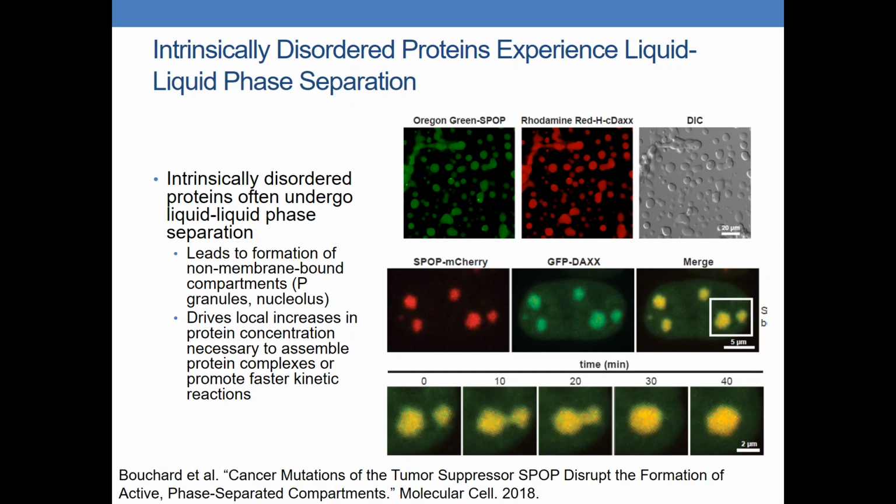The idea that you would see phase transitions in the cell, that was something that really took a lot of convincing to establish. It was something that many people did not believe because ultimately what you're talking about in this case, this liquid-liquid phase transition, is the formation of an emulsion inside of the cell.